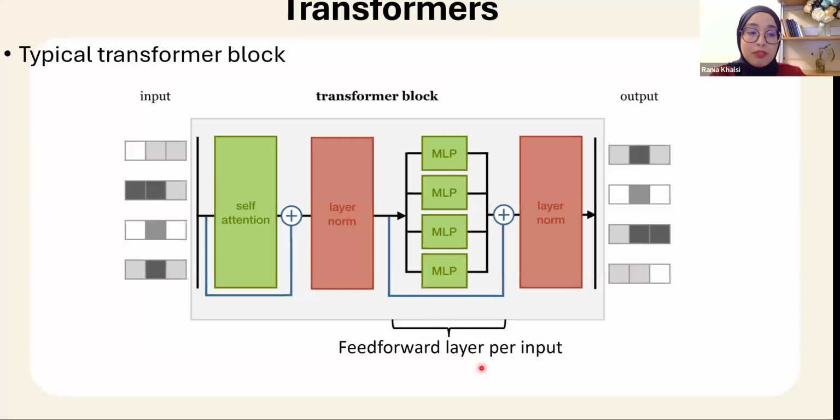You are already familiar with feed-forward neural networks applied to each input representation. After the MLP, we apply another normalization layer to stabilize the output once again. As mentioned earlier, we can stack as many transformer blocks as needed.